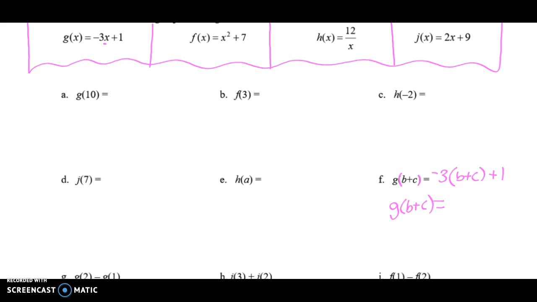To simplify this, I have to use the distributive property. Negative 3 times b is negative 3b. Negative 3 times c is negative 3c, and I bring down the plus 1. And I look, are there any like terms? Can I simplify this at all? Didn't find any. So that's our final answer.